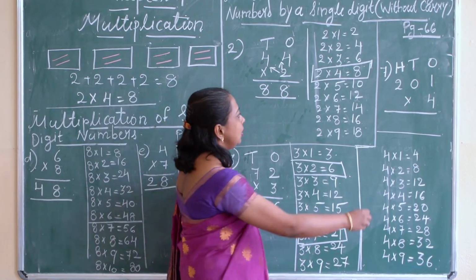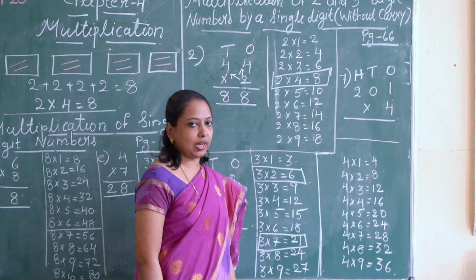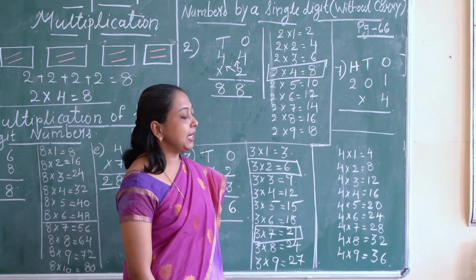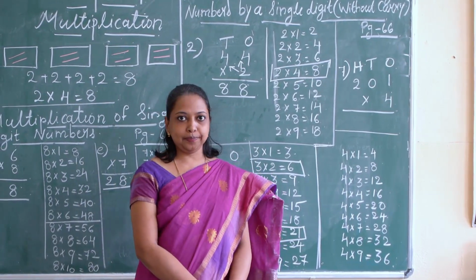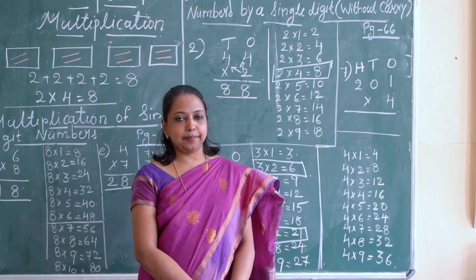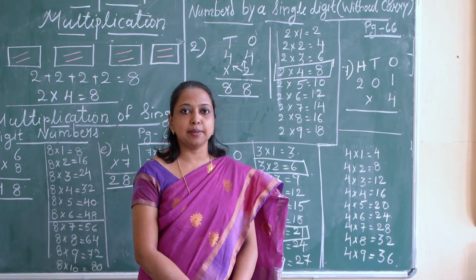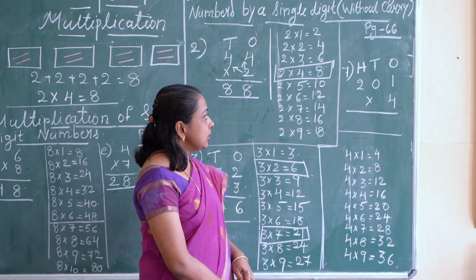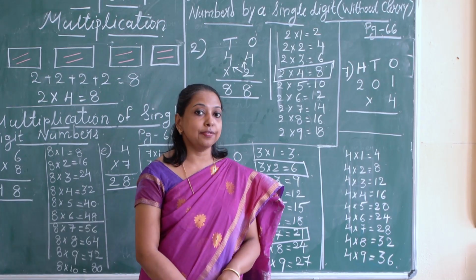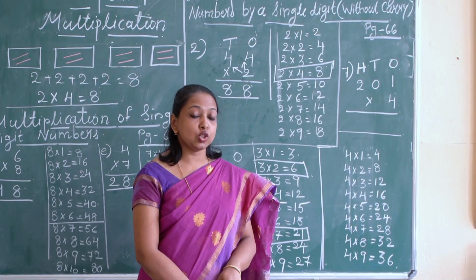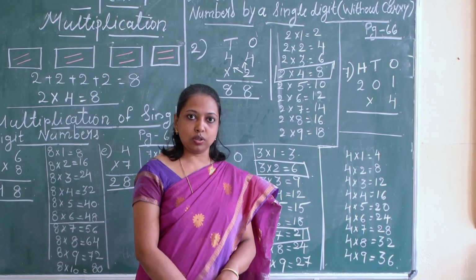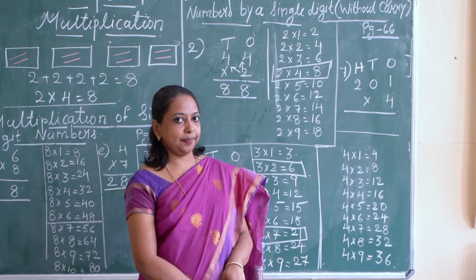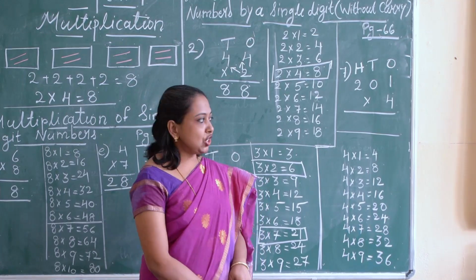Now let's solve this seventh one. 201 multiplied by 4. This is a 3-digit number. A 3-digit number is very similar to a 2-digit number. Now 201 is multiplied by 4, so 4 is the multiplier and we can use the table of 4. Remember the table of 4. Start the multiplication.